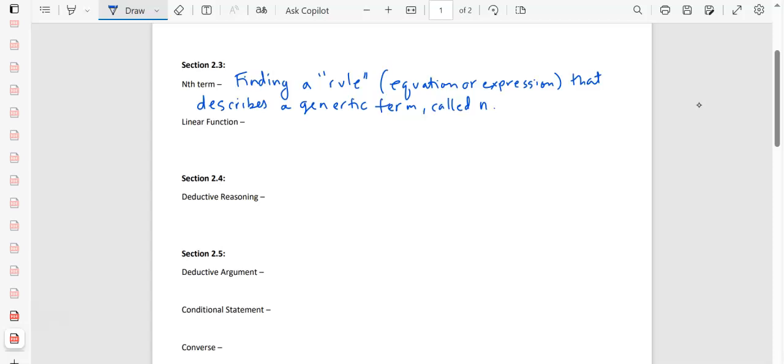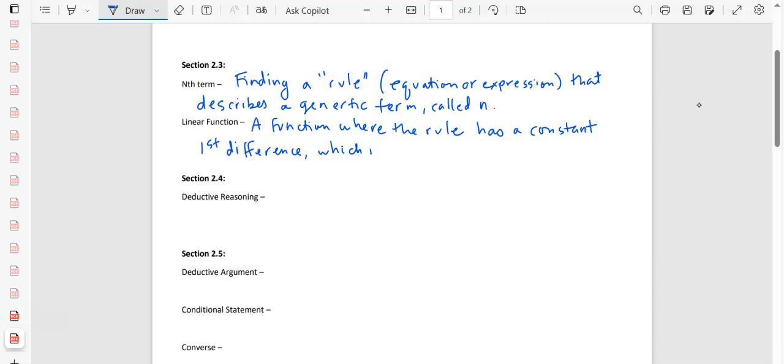Now, a linear function, which is what we are studying, has a function where the rule has a constant first difference, which is the coefficient of n in the rule.